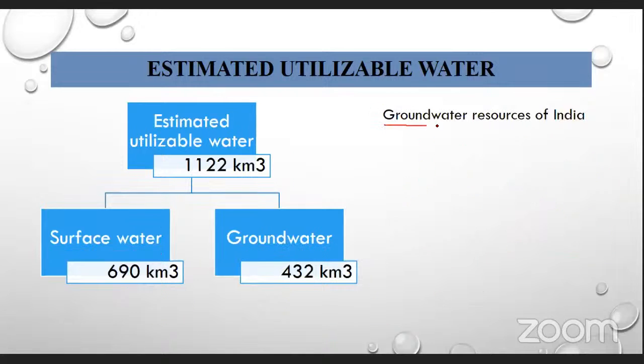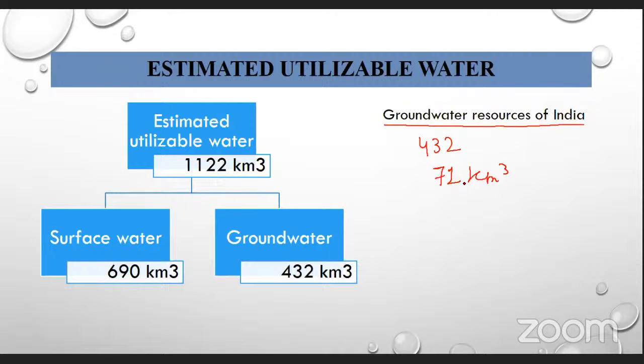If we see the groundwater resources of India, which is 432 kilometer cube, this is the total replenishable groundwater. Out of this, 71 kilometer cube we usually use for domestic, industrial and other uses.